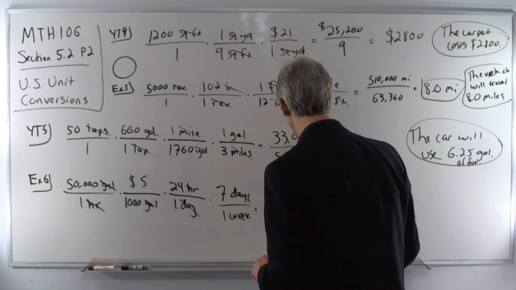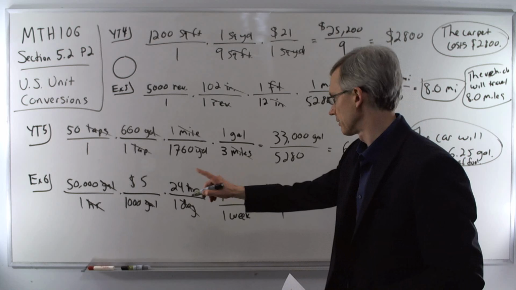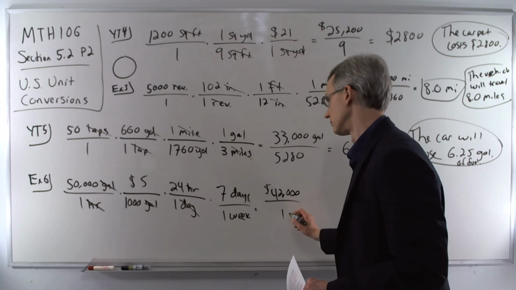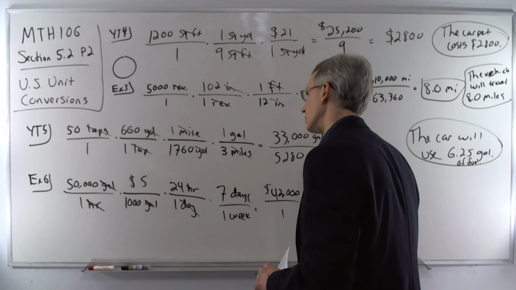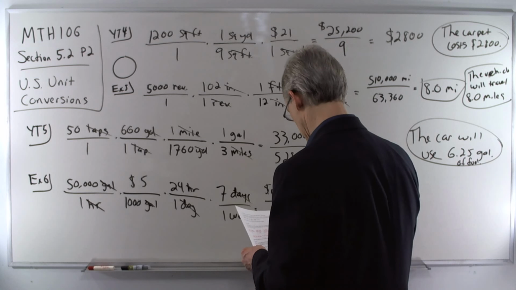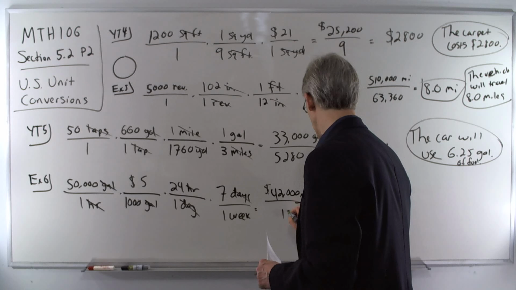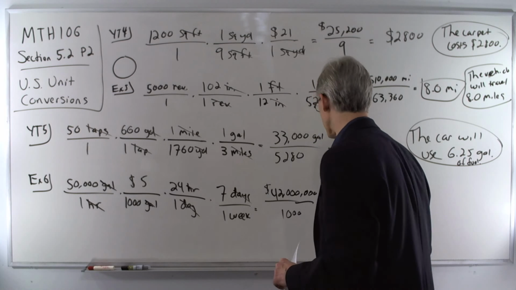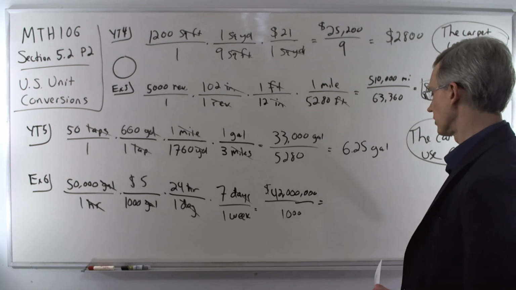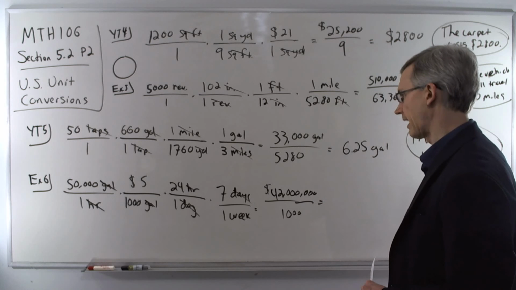And it gives us $42,000 on top, and on the bottom, that's 42, whoops, skipped a step there. Went right to the answer. That's $42 million over 1,000.